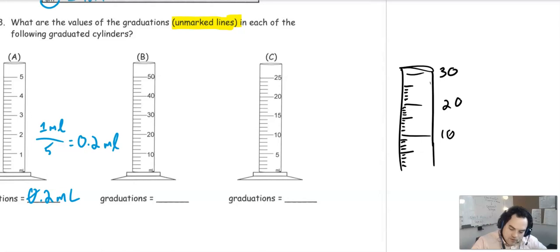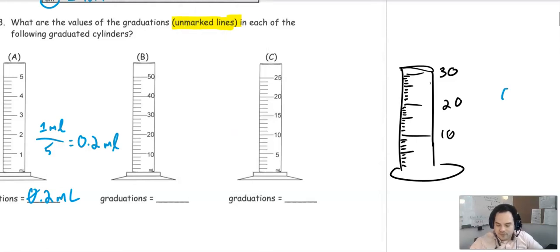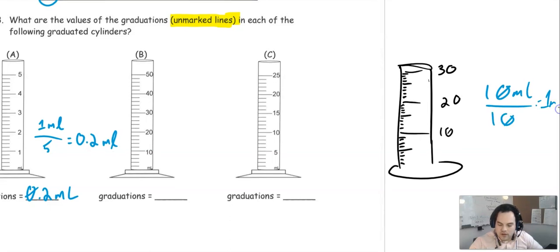Okay, so then you have 10 divisions in between. So you would take 10, because each step up is 10 milliliters, divided by 10, and that will give you 1 milliliter.